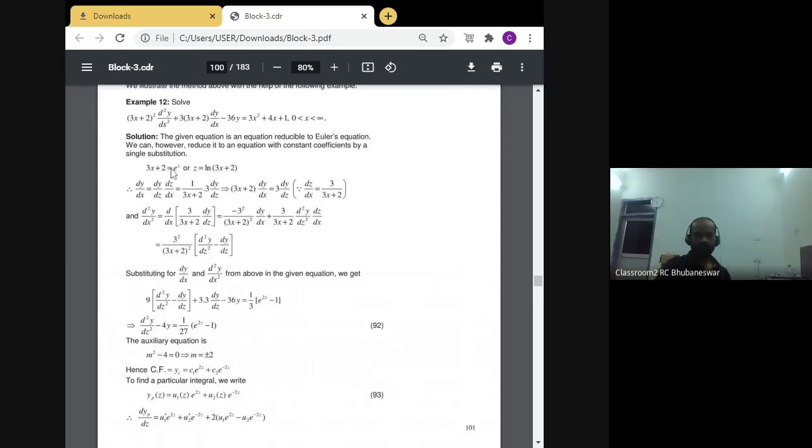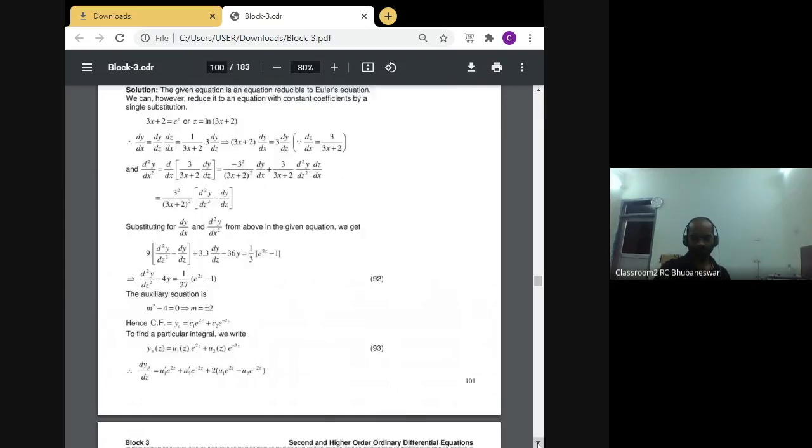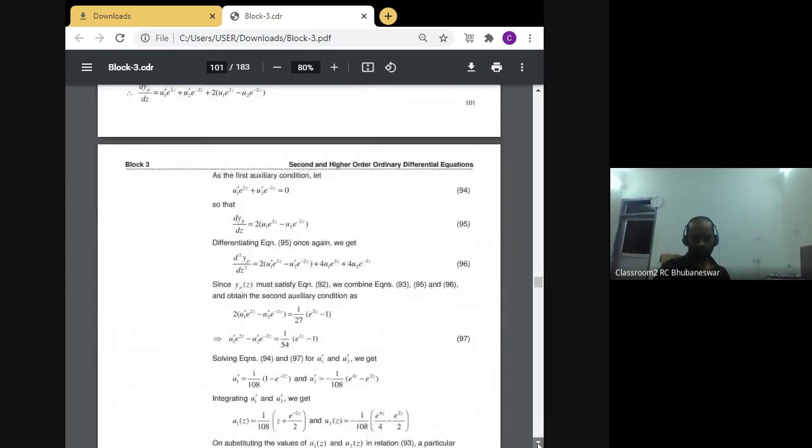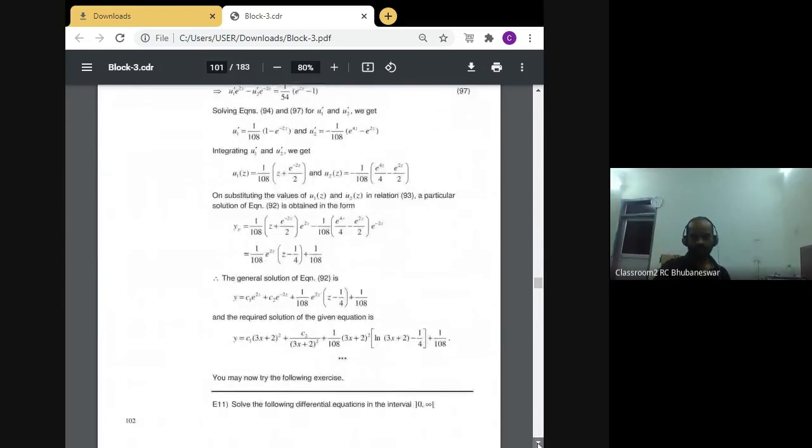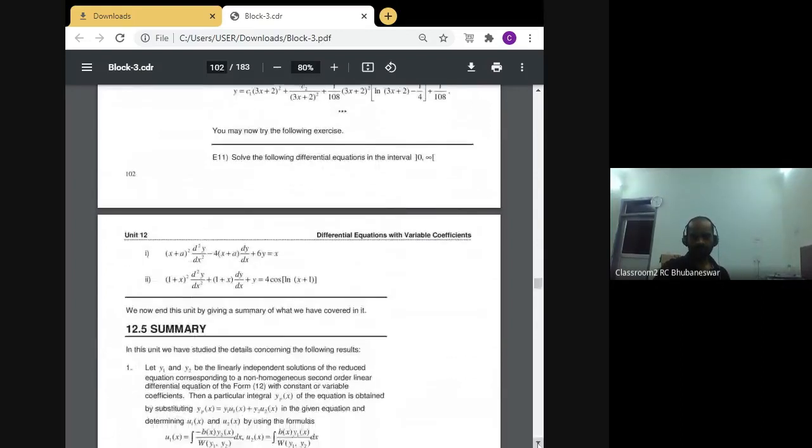Once we substitute this relation, we can convert the differential equation into the form of an Euler-Cauchy differential equation, or the differential equation of constant coefficients. So this is the procedure to convert a differential equation.